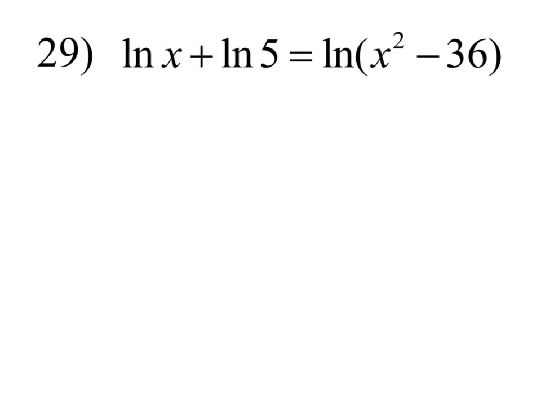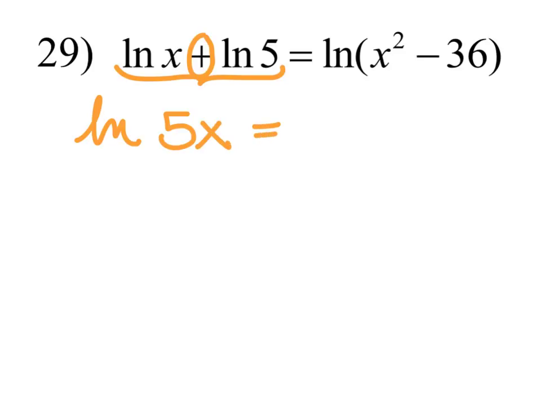Next one's a solving problem. So this is number 29 from the review. So, guys, we have to condense to start. On the left-hand side, there's more than one log. On the same side, that always is going to mean condense. So natural log, since it's addition, I have to multiply. So I'm going to write it as 5x equals natural log of x squared minus 36.